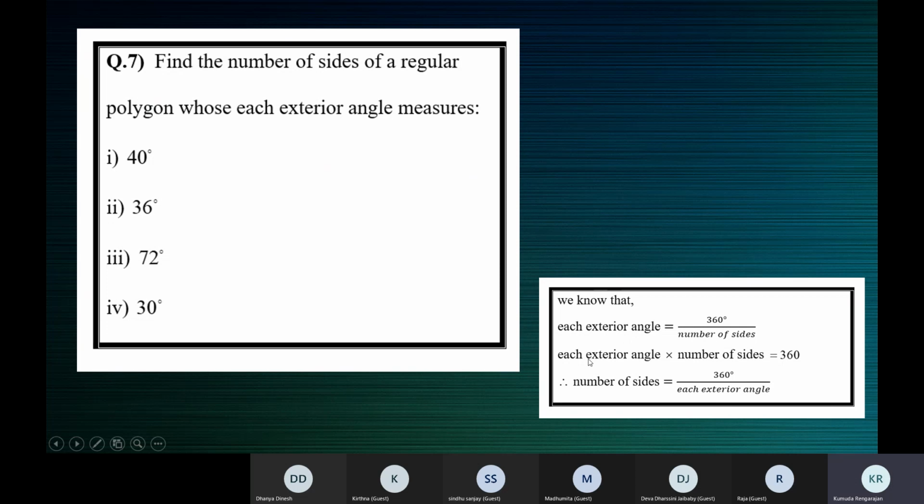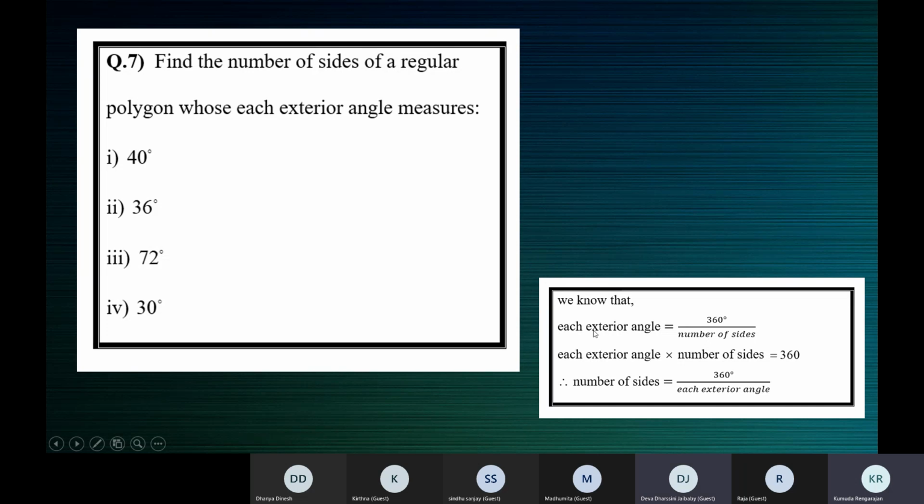When you cross multiply, you get each exterior angle into number of sides is equal to 360. So from this, we get number of sides is equal to 360 by each exterior angle. So 360 by number of sides will give each exterior angle, and 360 by each exterior angle will give the number of sides.